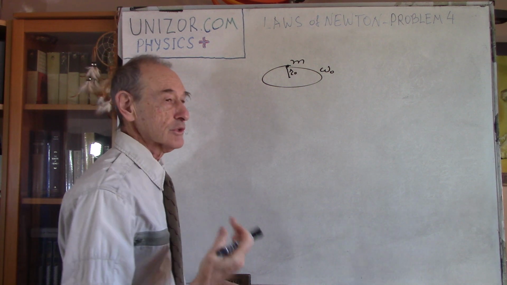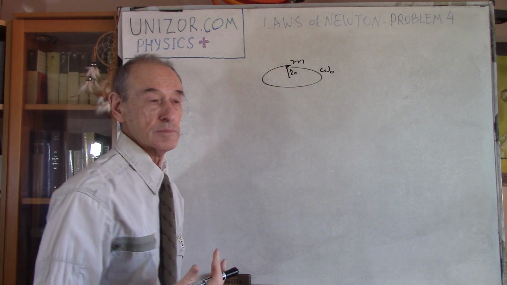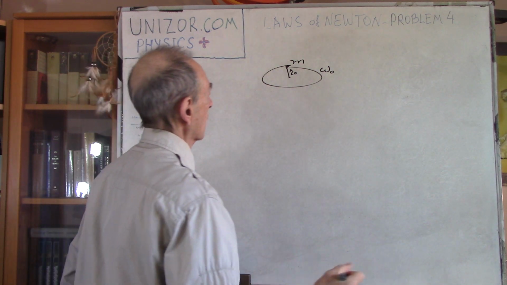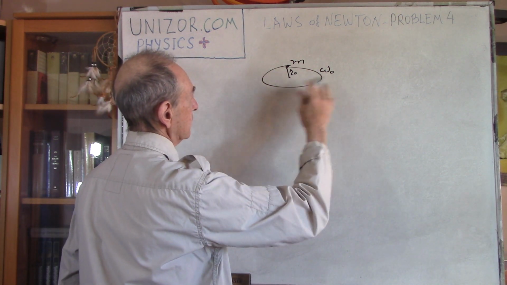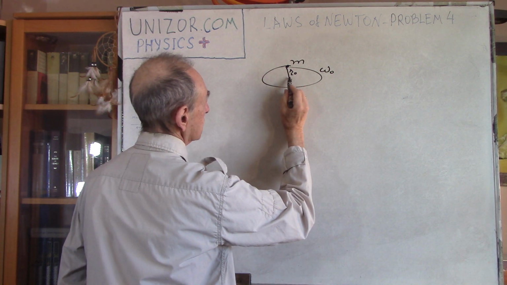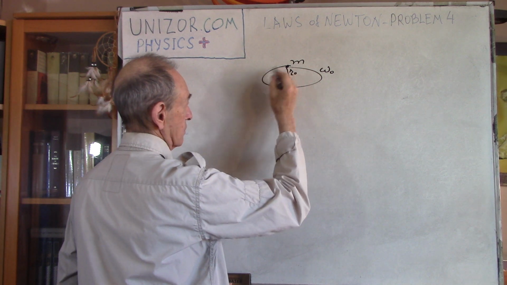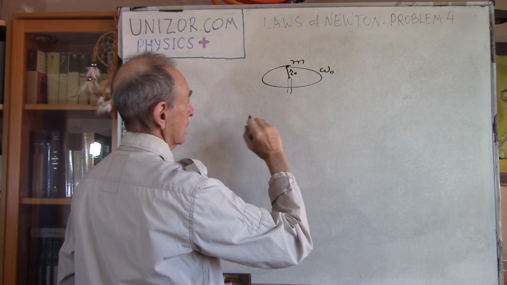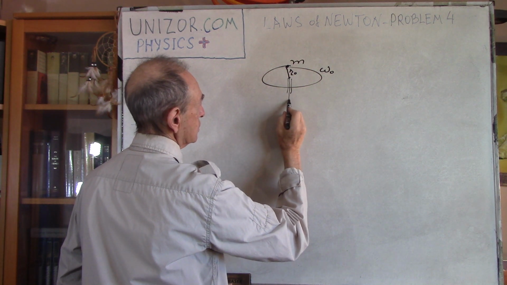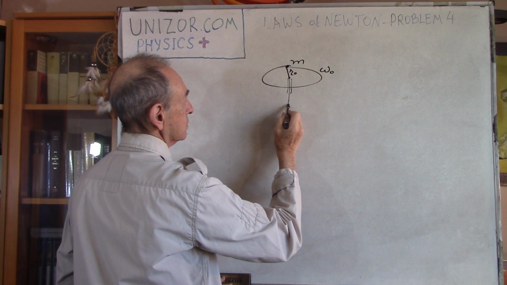Now I would like to reduce the radius of rotation. How can I do it? Well, let's do it this way. Perpendicularly to the plane of rotation, I will put a small tube, and the thread on which this object is rotating, I will not end here, but I will go through the tube, and I can pull it.